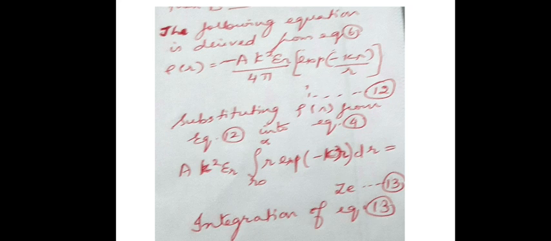Substituting rho r from equation 12 into equation 4, we get the expression a k square epsilon r integral from r naught to infinity of r exponential of minus kr dr is equal to Ze.